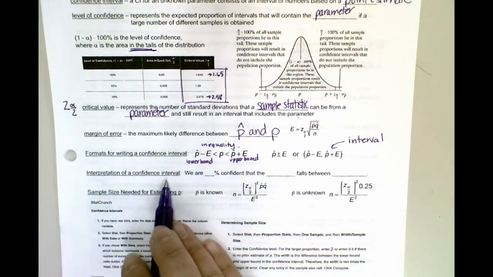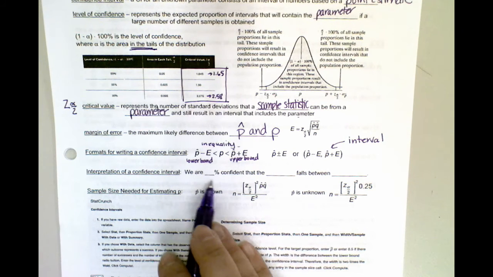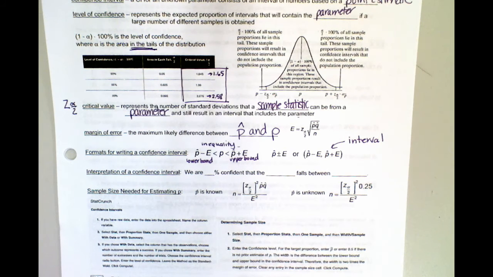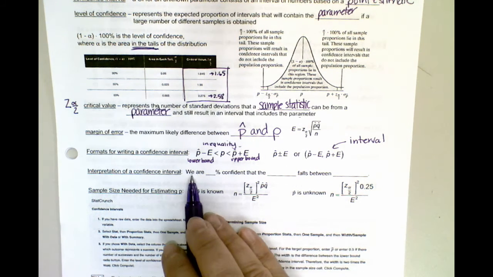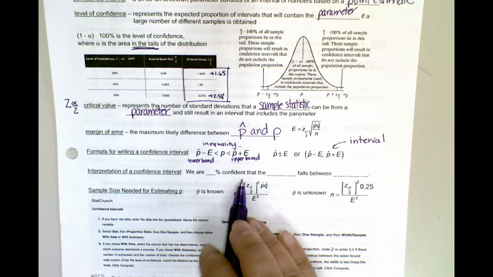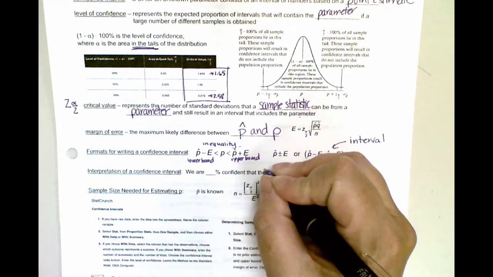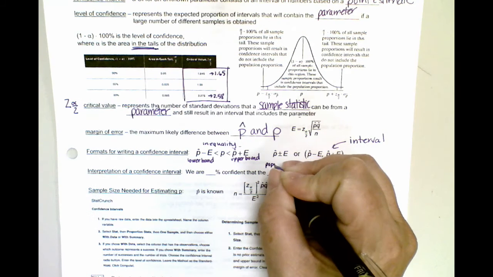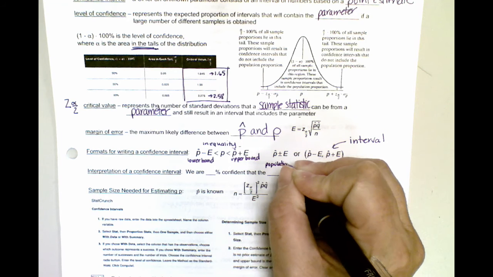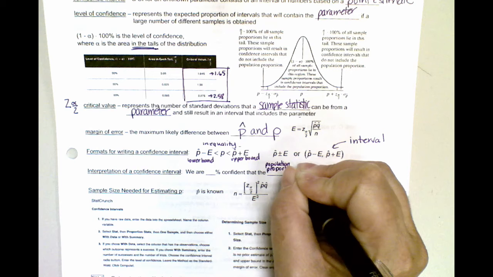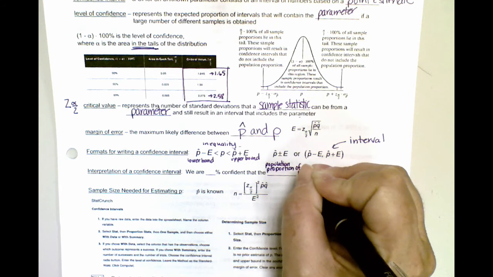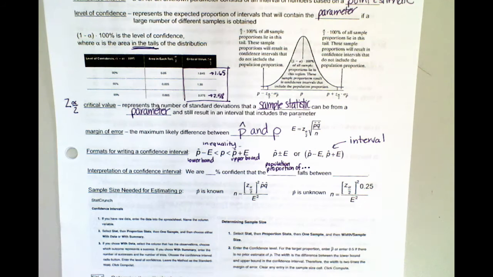So the way we interpret a confidence interval is we say we are blank percent. So whatever your level of confidence is, maybe it's 90%, maybe it's 98%, but whatever we're using in the problem, we are that percent confident that the population proportion of, and then you describe whatever the situation is.